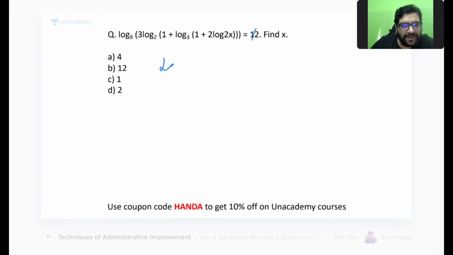See, the fundamental idea: log of a to the base b, if that is c, then a is b to the power of c. That is the idea that you need to apply in this question. Whatever is inside the bracket, assume that as a. Log a to the base 9 is half.